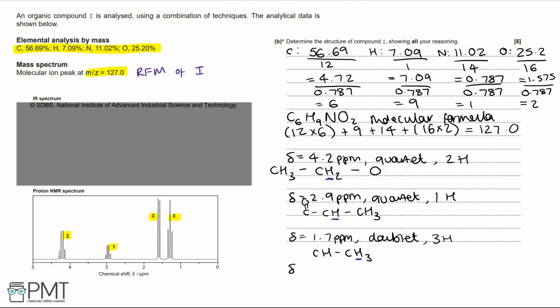Finally, the last peak on the proton NMR also has an integration value of 3. It has a chemical shift value of 1.3 ppm, and it has a triplet splitting pattern, which means it'll be connected to 2 hydrogens. And then finally, there are 3 hydrogens because of the integration value of 3. So it's going to be CH3, CH2.